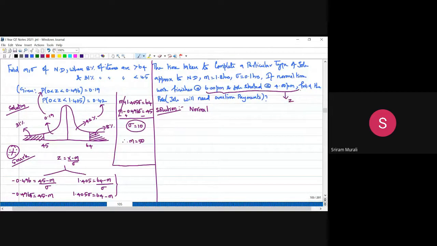Z value is indirectly given. So normal time to complete will be 6 minus 4, that is equal to 2.